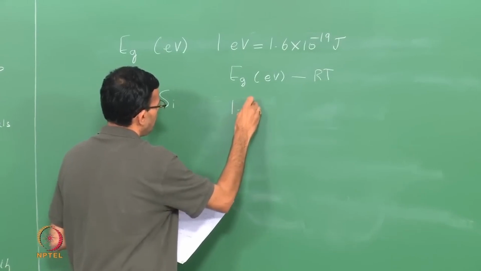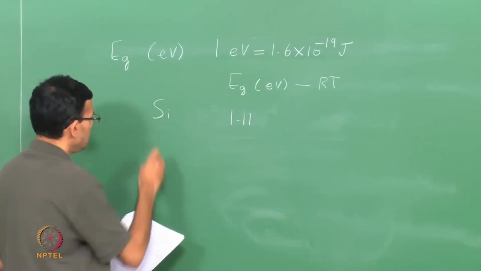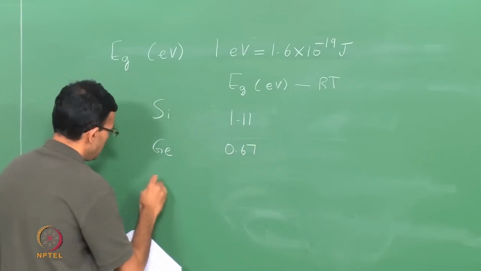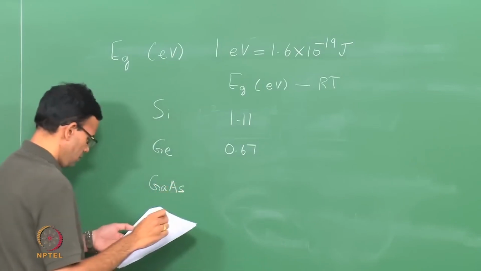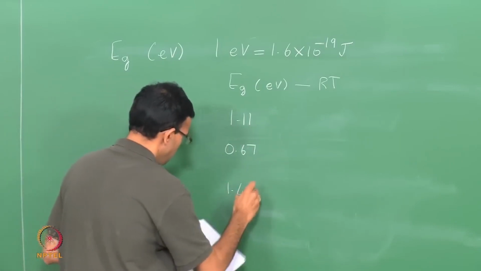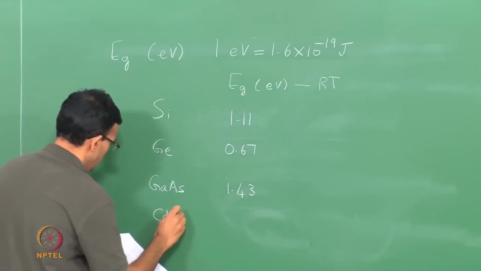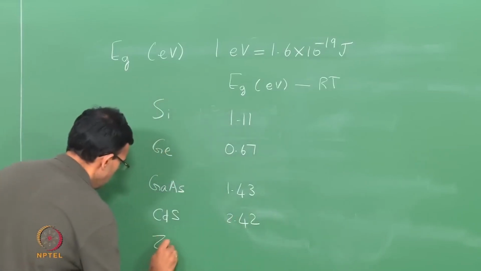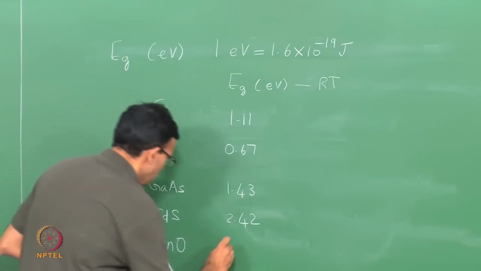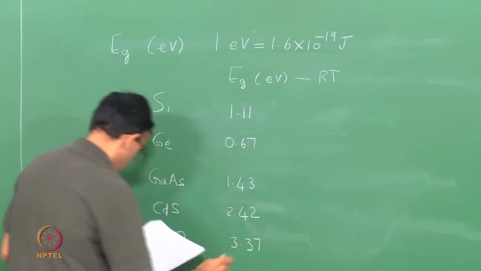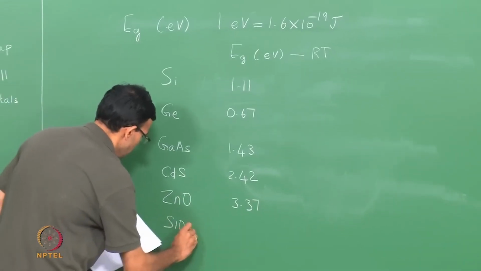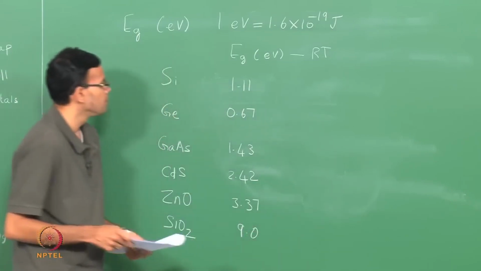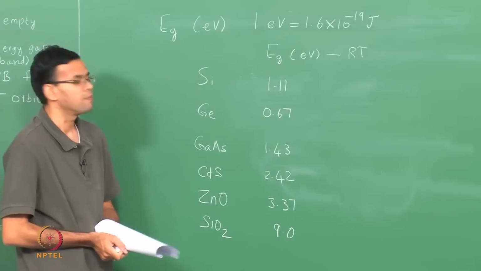Silicon has a value of 1.11, germanium is 0.67, gallium arsenide is 1.43, cadmium sulfide is 2.42, zinc oxide is 3.37, SiO2 is 9. So, we have some different values of band gap.